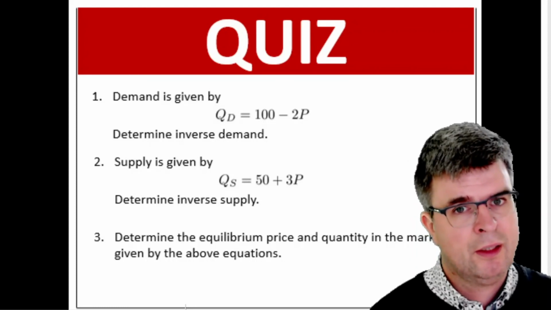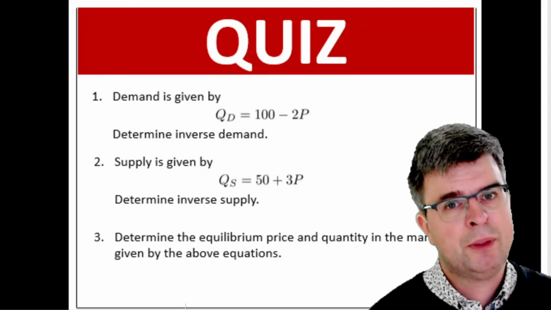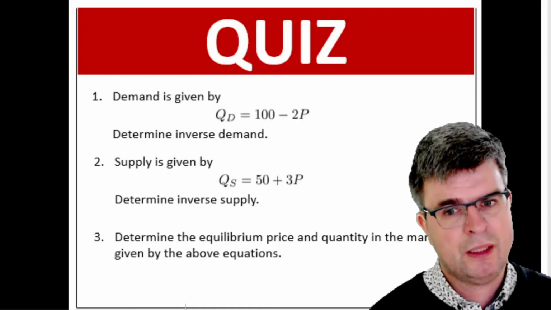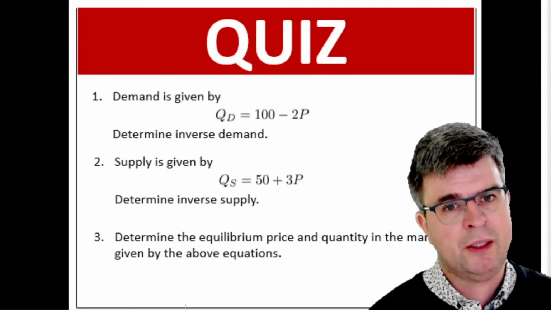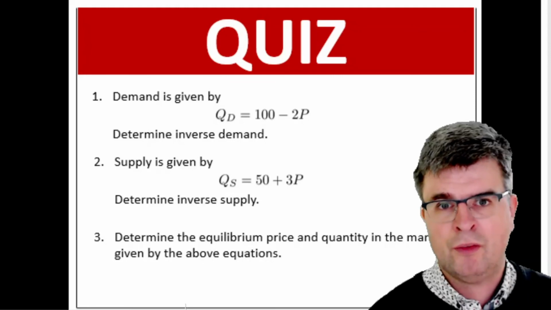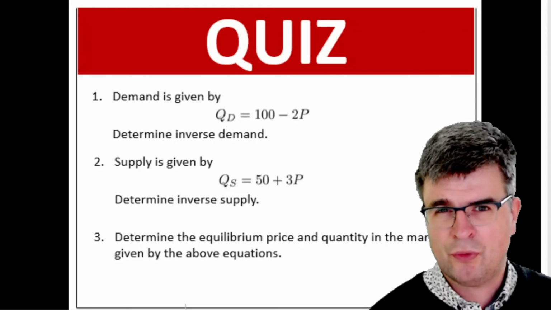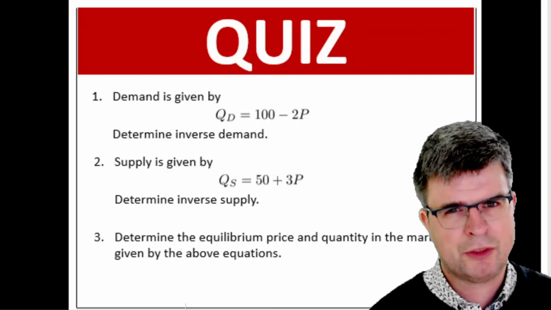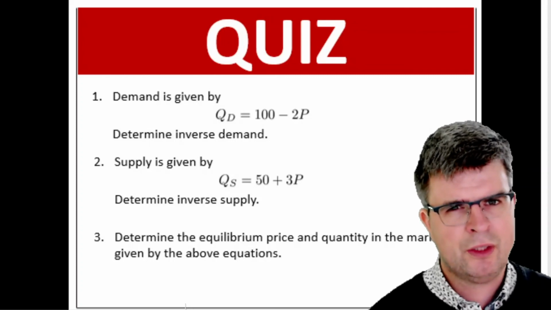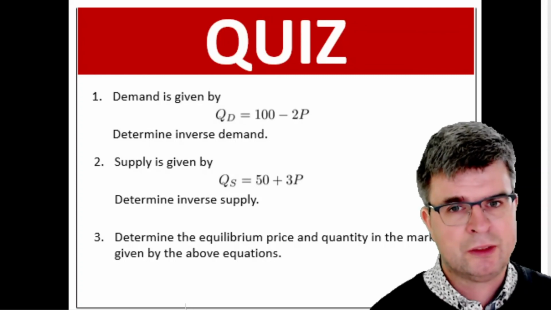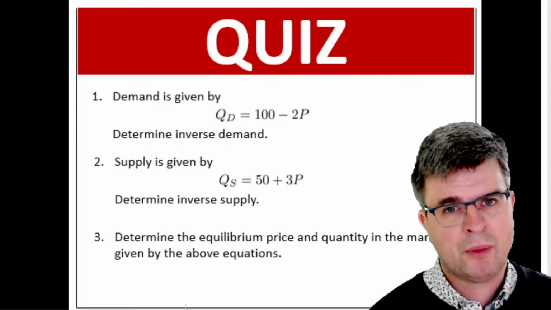And then, having done that, determine the equilibrium price and quantity in the market given by the above equations. If you're not able to answer question 3, but you are able to answer questions 1 and 2, you might continue to the next video, because calculating the equilibrium outcome will be the topic of the next clip.